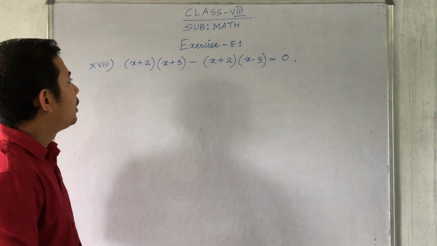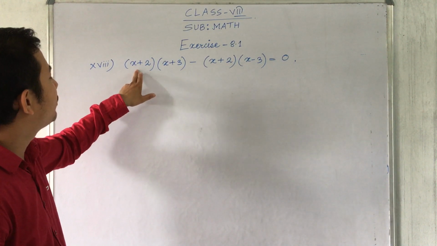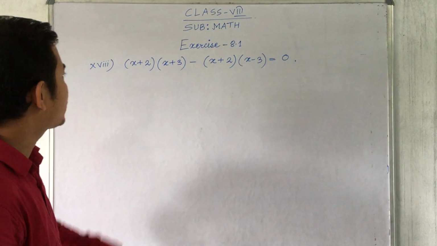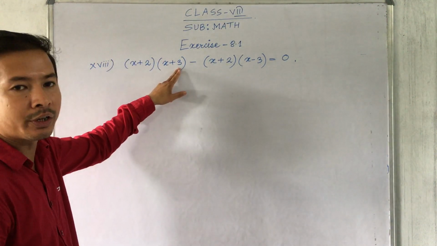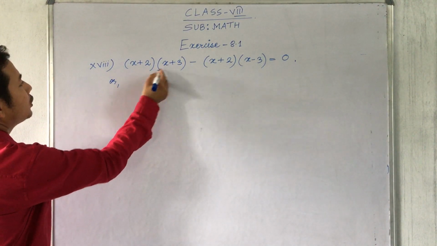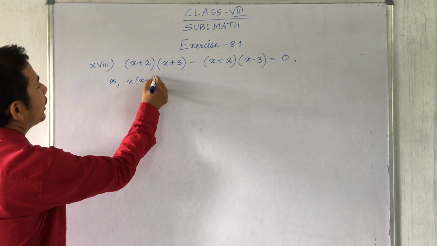Now look here. First of all, we have to multiply all the terms given inside the bracket by x plus 3 one by one. First of all we need to multiply this all by x and then again by 3. Look at it. x into x plus 2, understood?